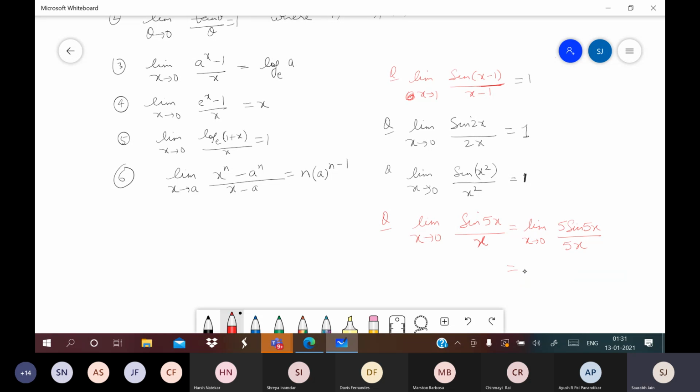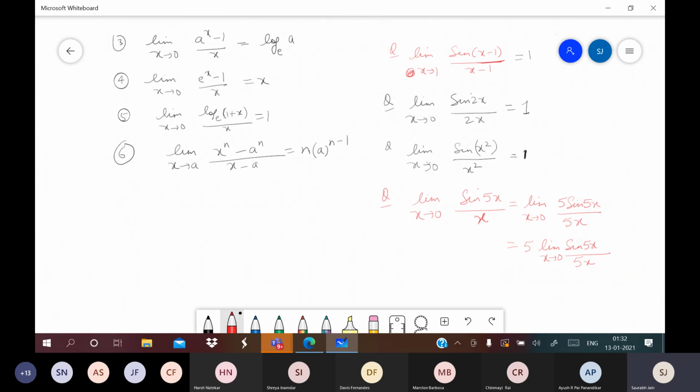After doing it, we will use that property k into f(x), and I will take the k from the numerator outside the limit symbol. So multiplying and dividing by 5, and then using the property that limit of k f(x) is k times limit f(x). Now what about this part? This part is 1. Why? Because the sine of the angle and the denominator are the same, both are tending to 0, and they are in radians.